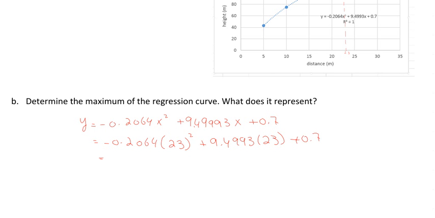So what do you get here? 110? Yeah. And it makes sense because it's between 108 and 109. Okay?